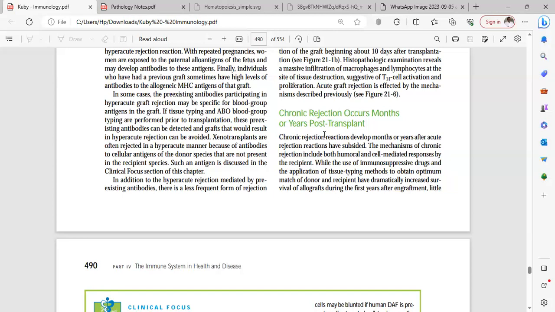But now for graft versus host, it's the donor that rejects the host cells. The organ from the donor usually has high levels of cytotoxic T cells, so it starts destroying the host cells. So it's basically the opposite of graft rejection.